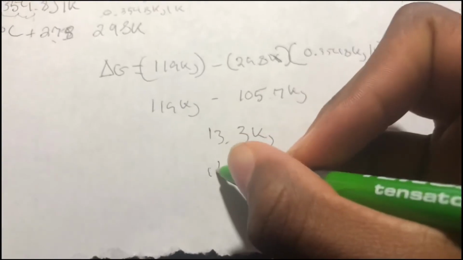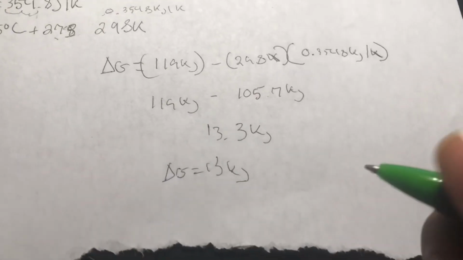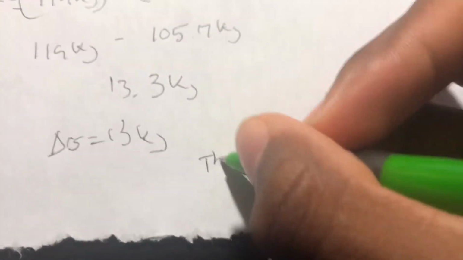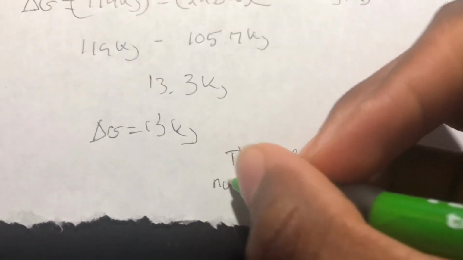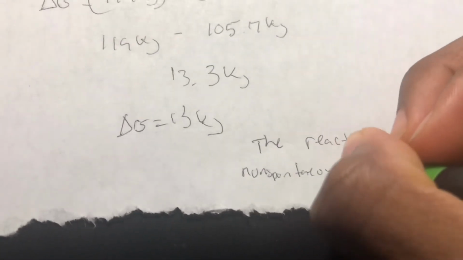You round that up, you get 13 kilojoules, right? And since this is delta G, since it is greater than 0, then the reaction is non-spontaneous.